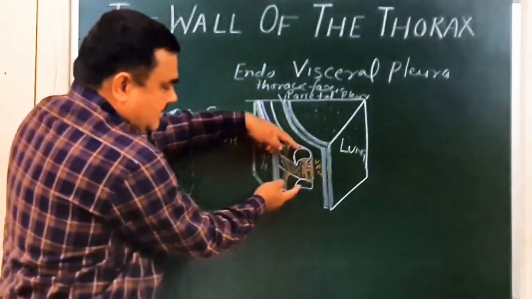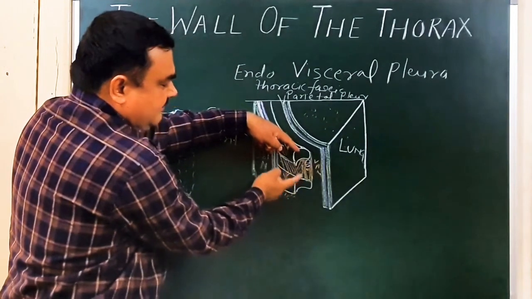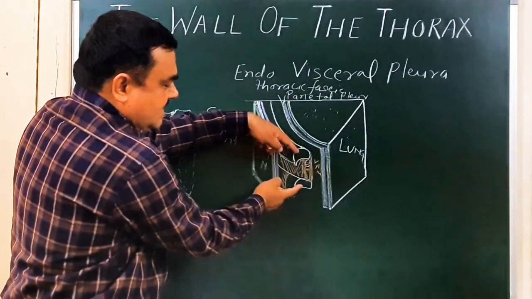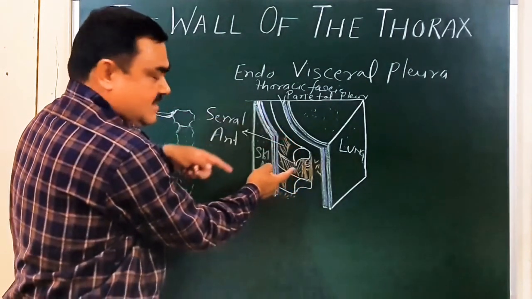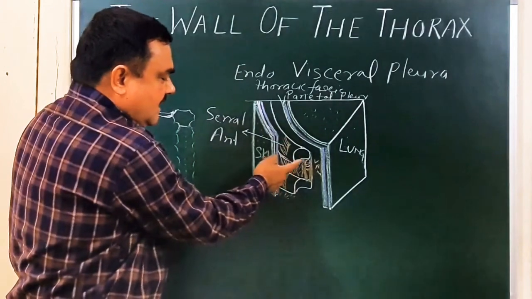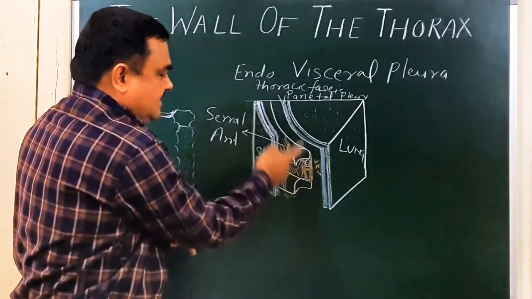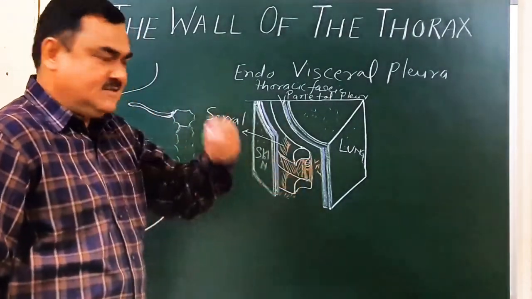And here is the intercostal muscle. Between two adjacent ribs there is the intercostal space, and here are these three groups of muscle: external intercostal, internal intercostal, and transverse thoracis. Transverse thoracis has three muscles, we will discuss later.